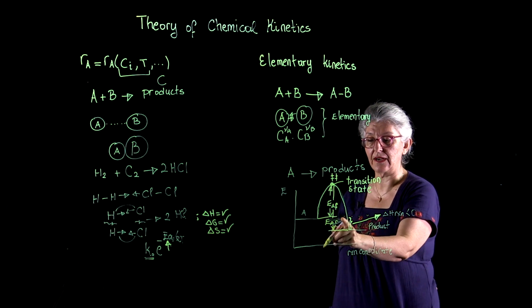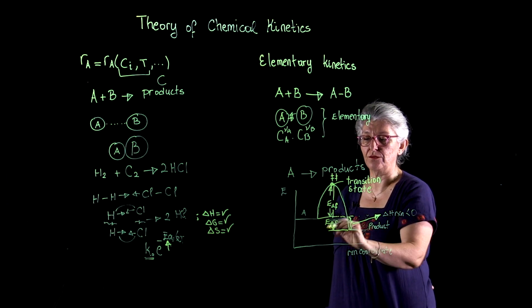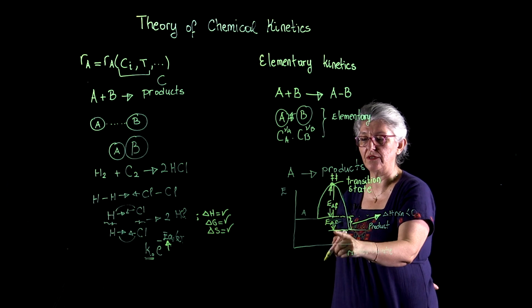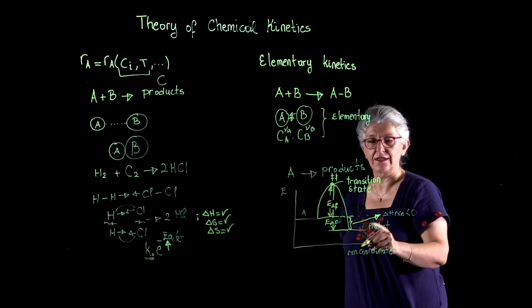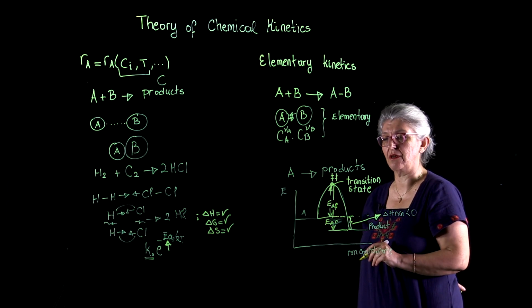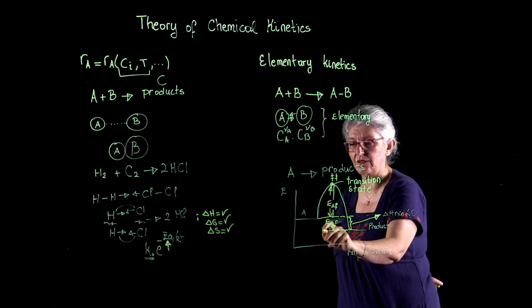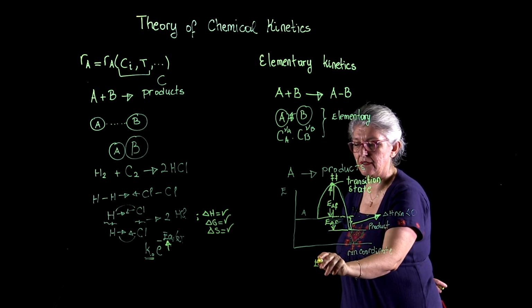And from this graph, you can figure out that the difference between the forward and reverse activation barriers is equal to the enthalpy change of the reaction. So let's write here for clarity.